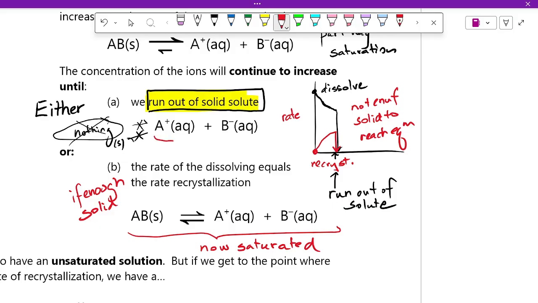Is this solution saturated? No, this is not saturated.